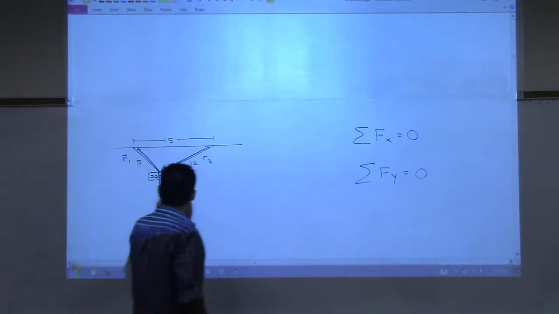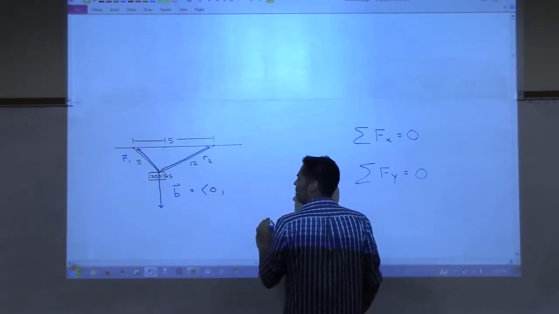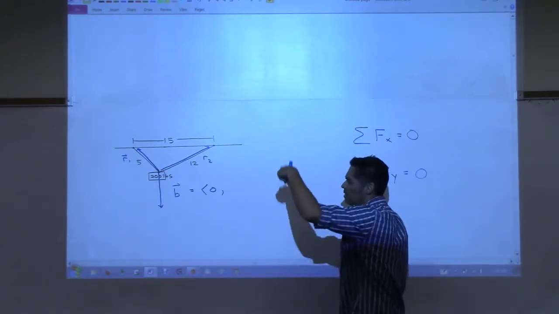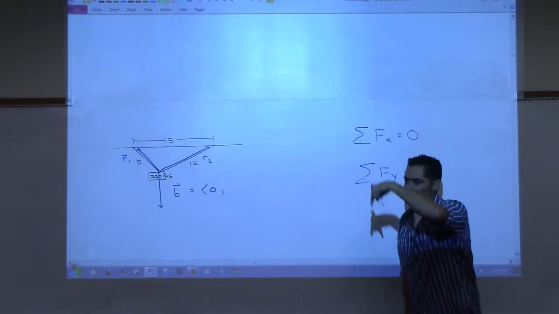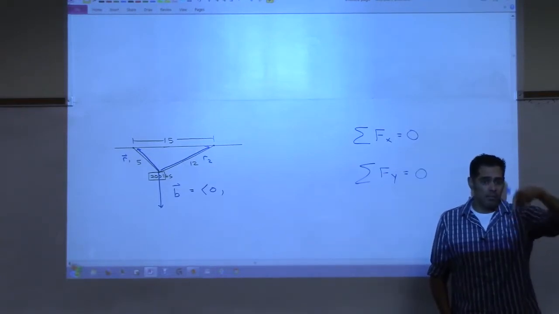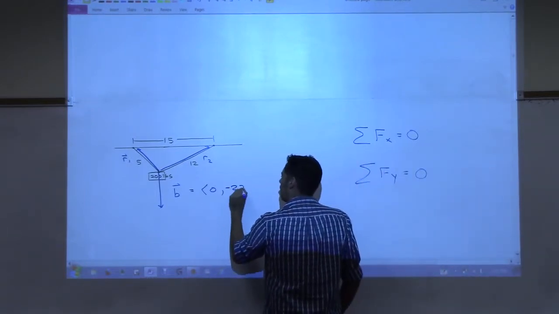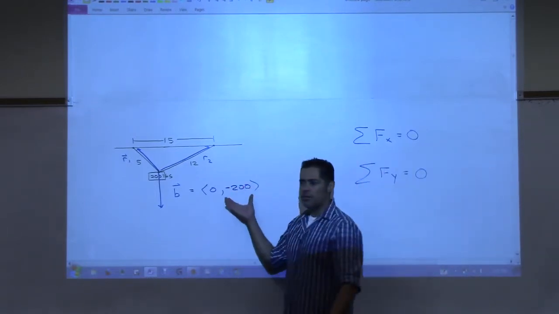Okay, so the x component is 0. What's the y component? What's the downward 200, right? But it's down, so negative 200. Is that clear? Okay.